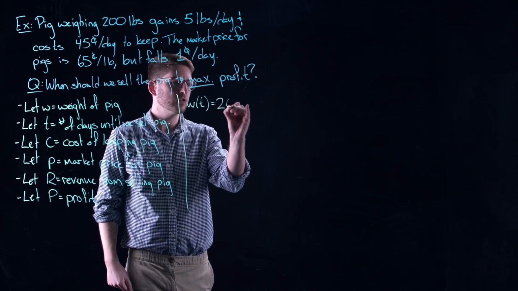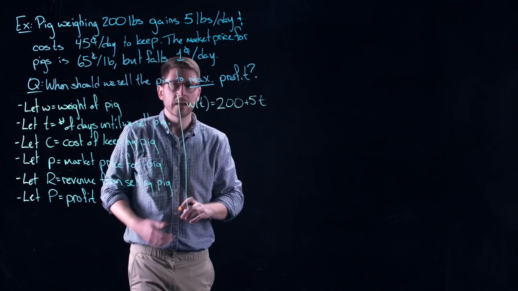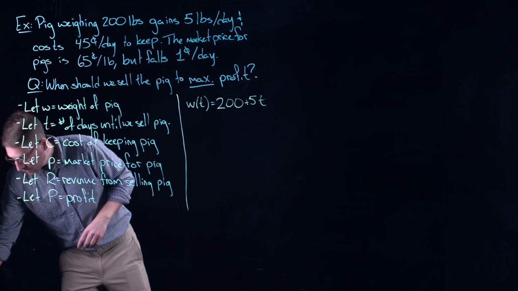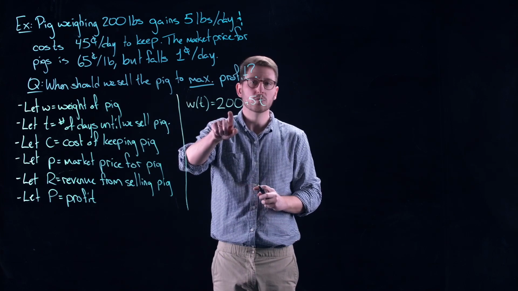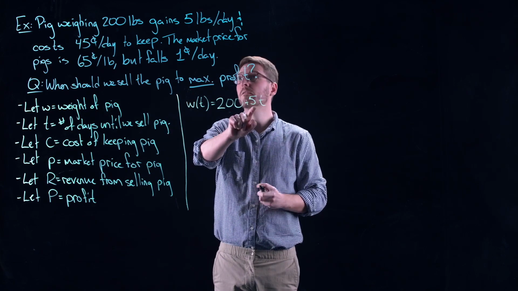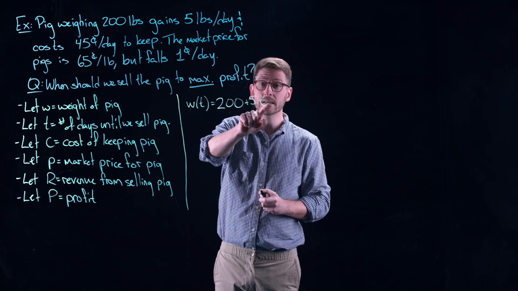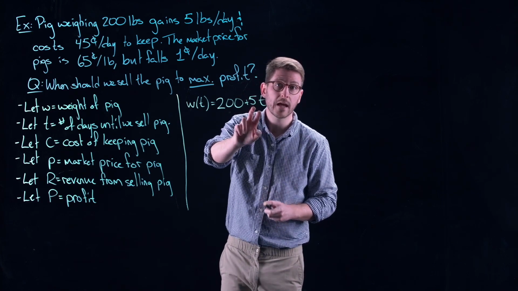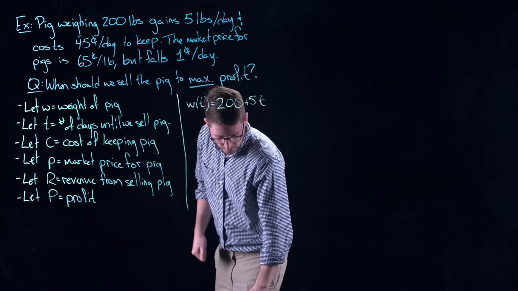So my equation: W equals 200 plus 5t. Now, the first thing you should do is take a look at the units. The weight is in pounds, 200 is in pounds, 5 is in pounds per day, t is in days. You multiply those two things together, you get pounds. Okay, so units are good.